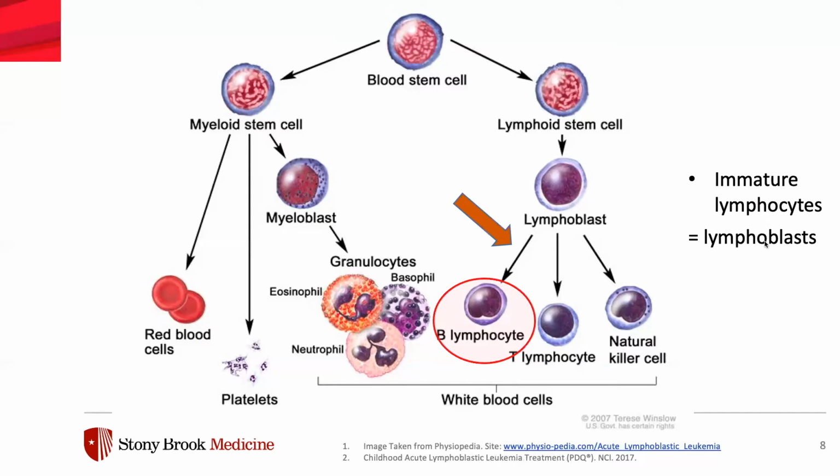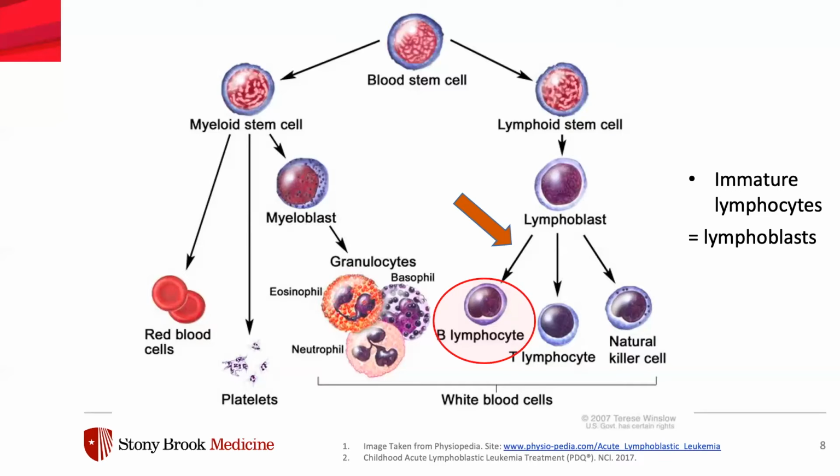Now, acute lymphoblastic leukemia affects the lymphoblasts here. So this pretty much shows that there's a blockage in the differentiation of the immature cell, the lymphoblast, into becoming the mature B cell or B lymphocyte. So this blockage in differentiation ends up resulting in this overproliferation of these lymphoblasts or immature cells that are precursors to the B cells.